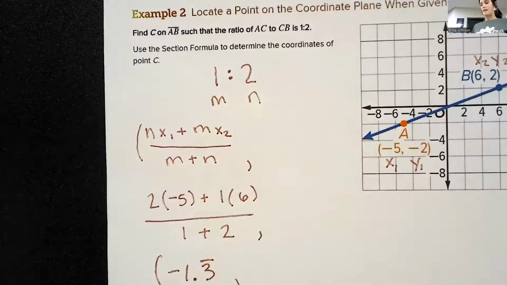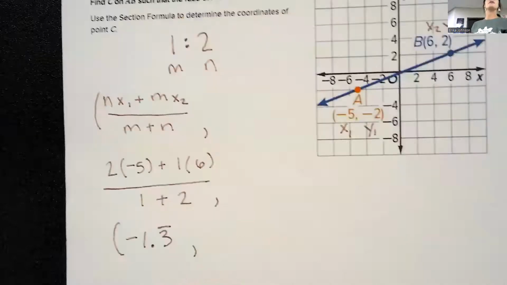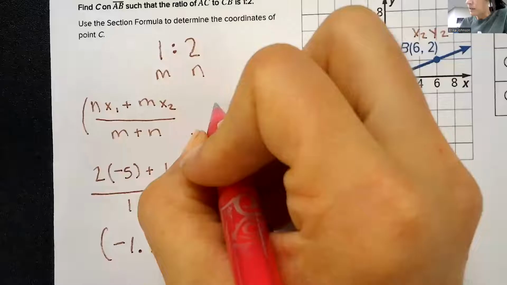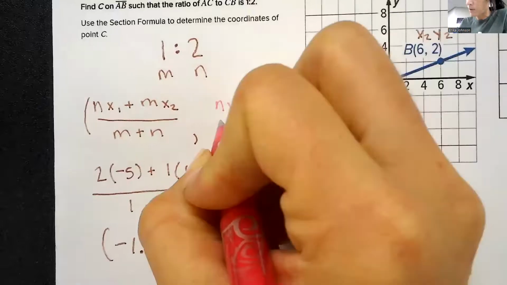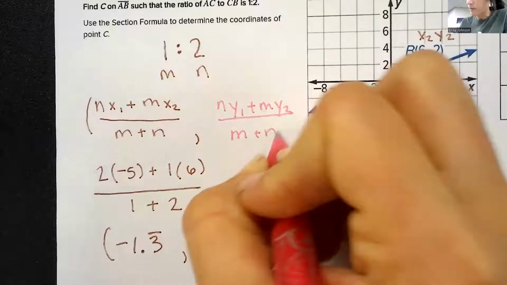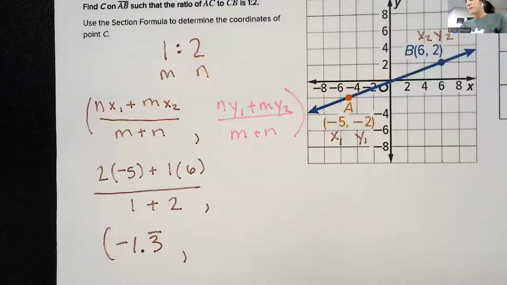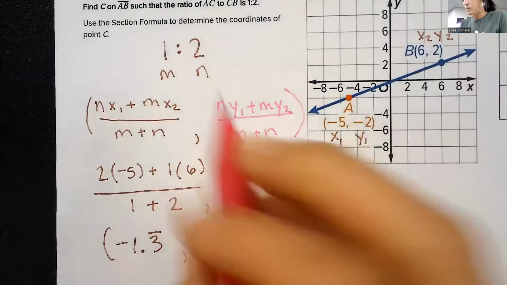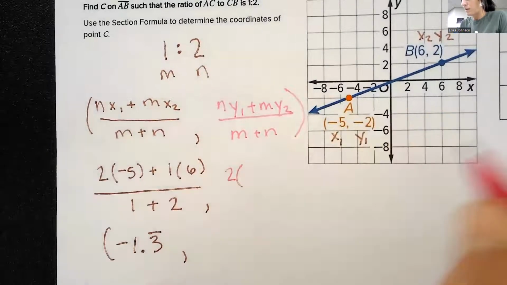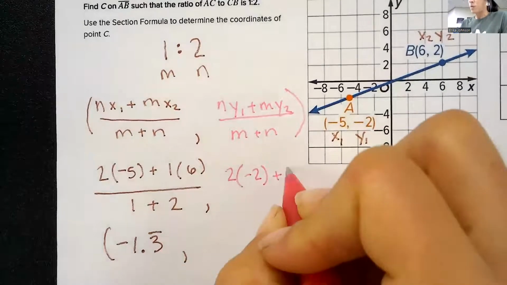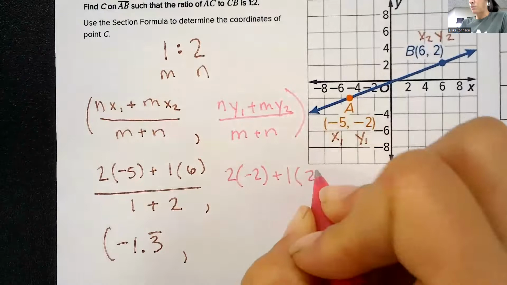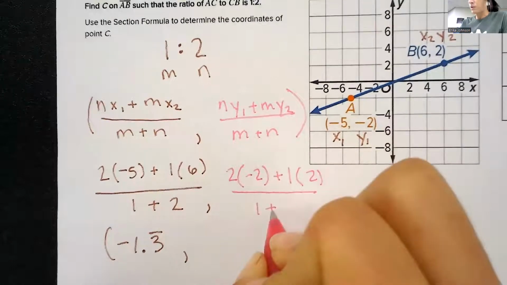Now that's just x. We still need to find y. So to find y, the formula is ny1 plus my2 over m plus n. Okay, so n is 2 still. 2 times y1, which is -2, plus m, which is 1, times 2, over 1 plus 2.